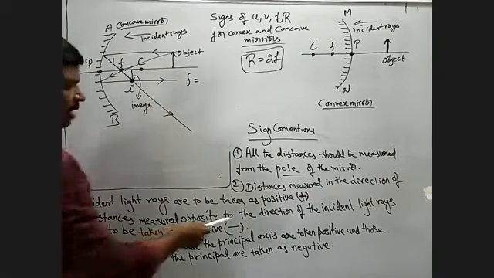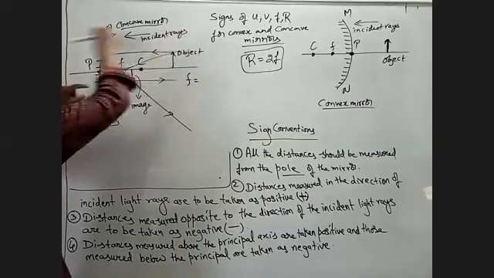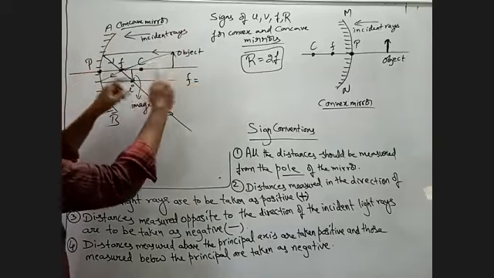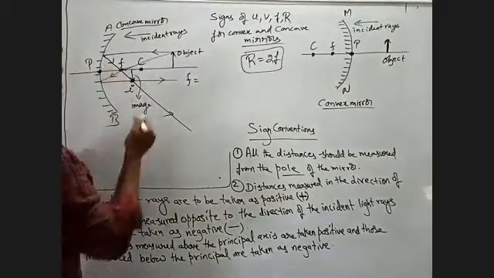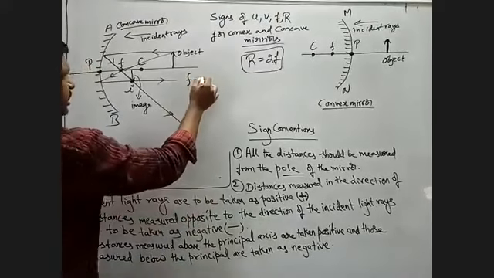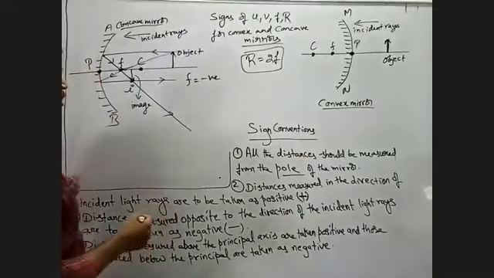Distances measured opposite to the direction of the incident light rays are negative. This is the direction of the incident rays, and we are measuring from the pole only. Every measurement is from the pole. So therefore our focal length, whatever the value, f is negative for this concave mirror.